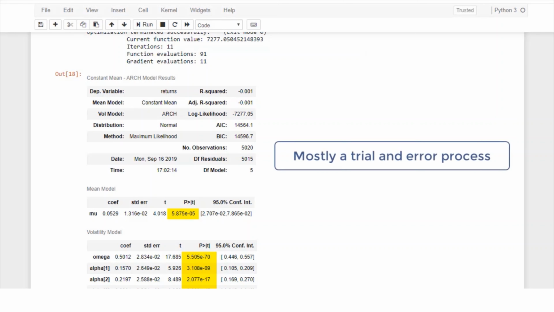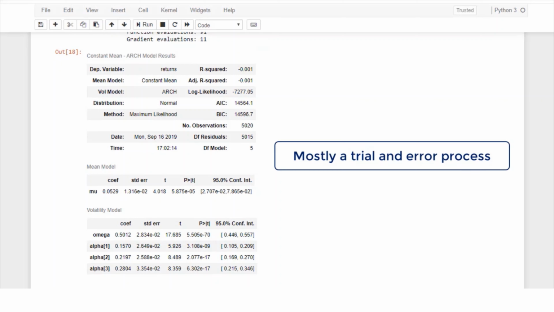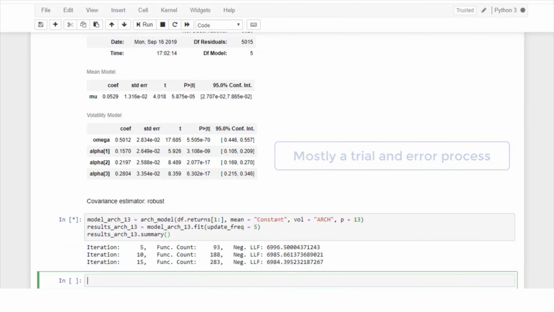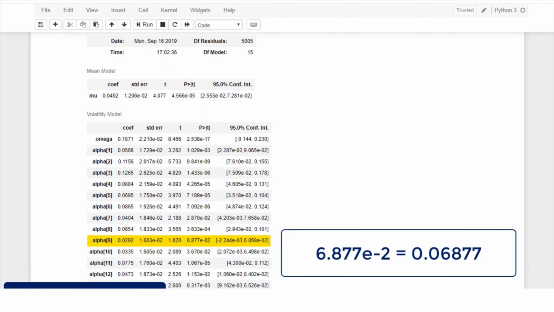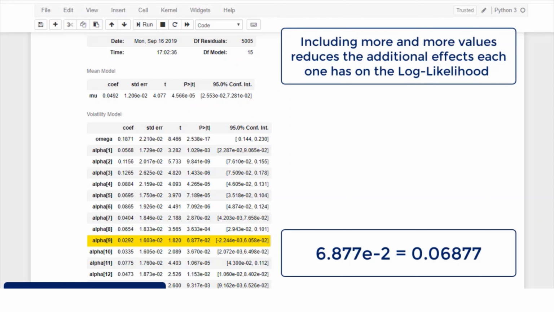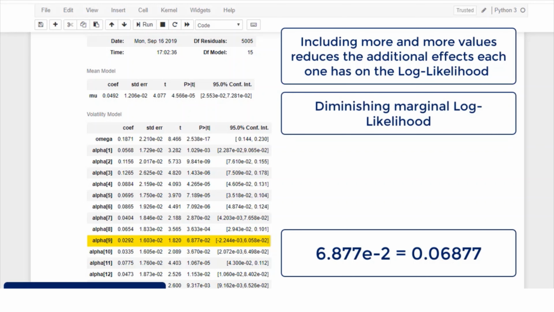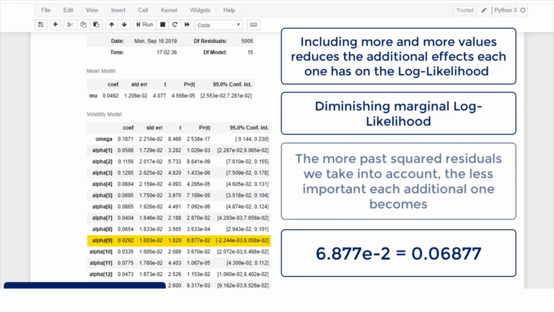Since this is mostly a trial and error process, you can try this on your own as an exercise and see for yourself that this pattern persists until the 13th lag, where one of the coefficients, alpha 9, is no longer significant. Of course, including more and more values reduces the additional effects each one has on the log likelihood. In a sense, we are dealing with diminishing marginal log likelihood with each additional lag. In other words, the more past squared residuals we take into account, the less important each additional one becomes.